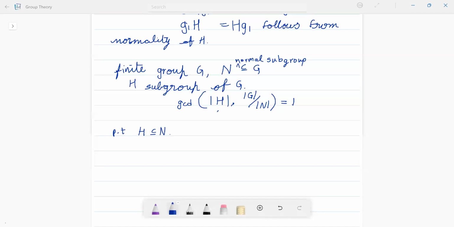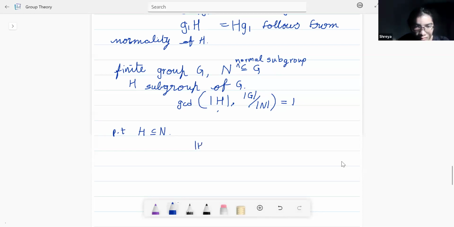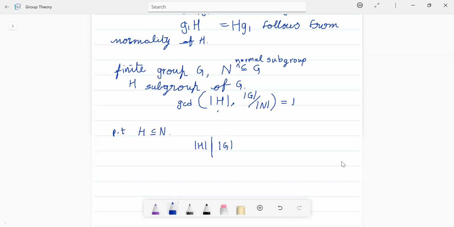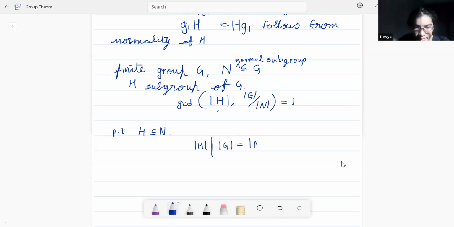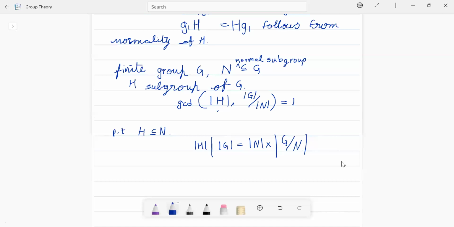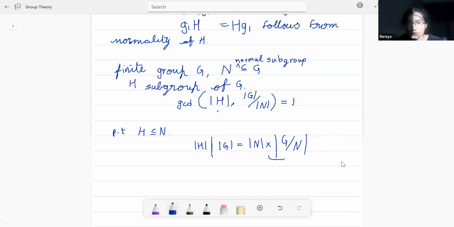We have that the absolute value of H divides the absolute value of G, right? And the absolute value of G is equal to the absolute value of G by N times the absolute value of N. So we know the absolute value of H does not divide the absolute value of G by N, or H is trivial.